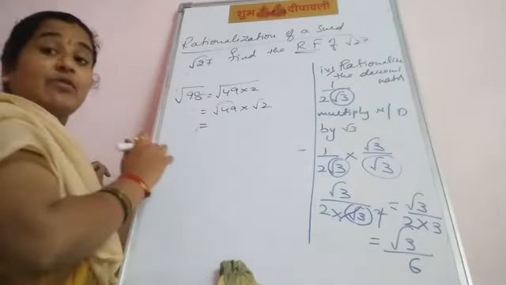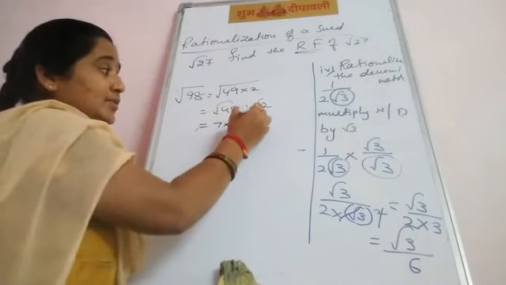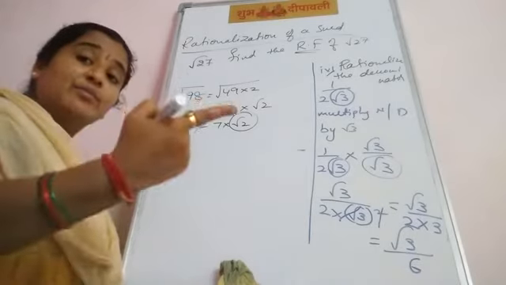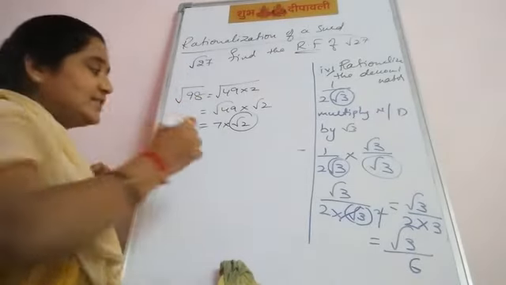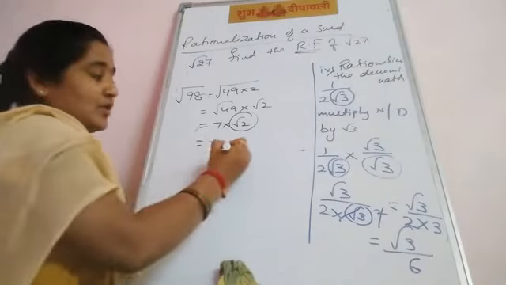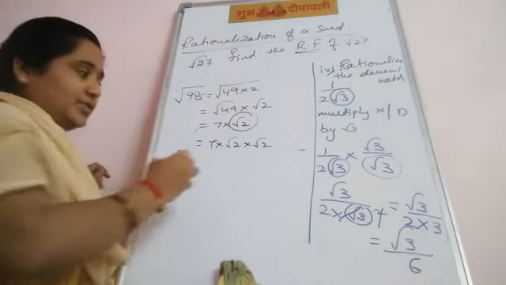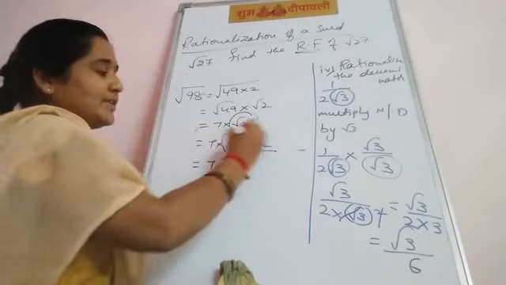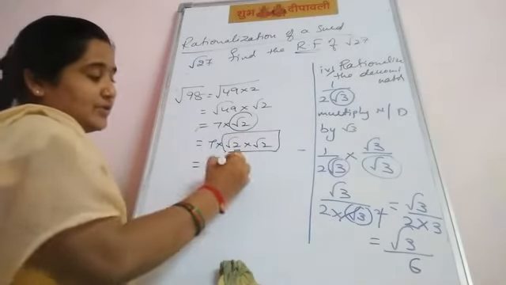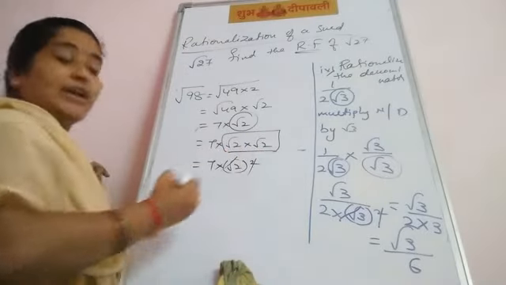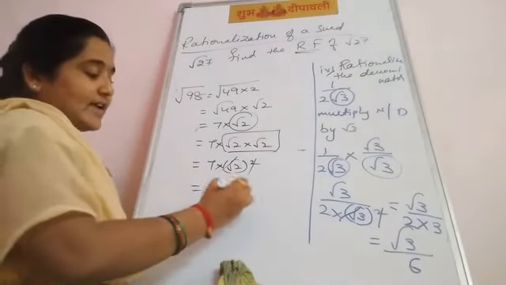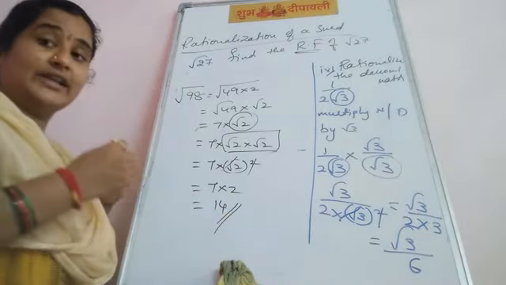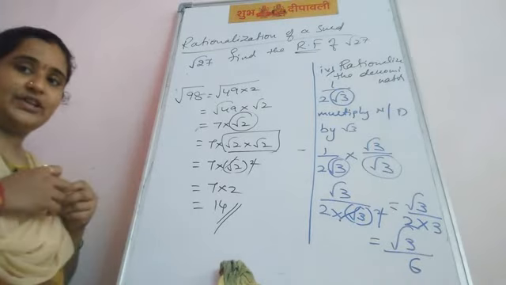Square root of 49 is 7. 7 into root 2. Here the surd is root 2. Then we multiply one more root 2 for rationalizing. 7 root 2 into root 2. 7 into root 2 how many times? 2 times. Root 2 whole square. Square and root get cancelled. 7 into 2 equals 14.